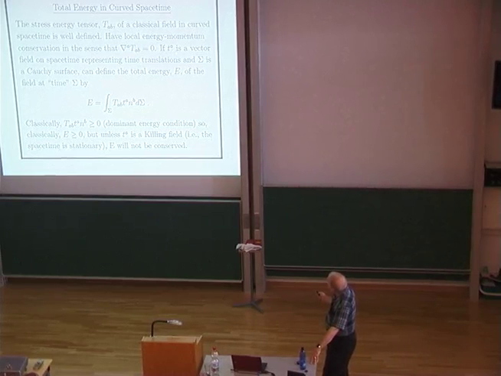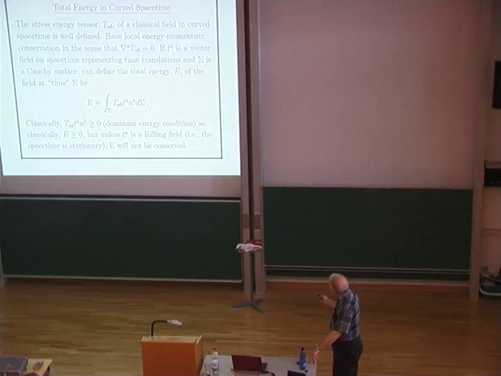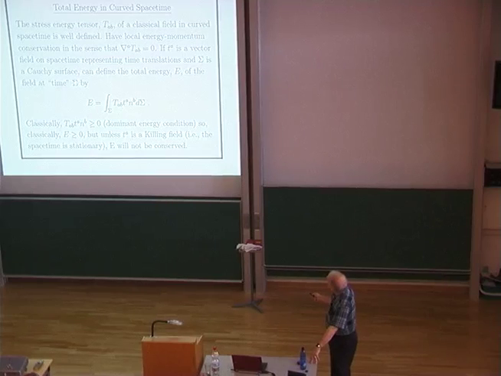Well, more generally, if you have any vector field that you're going to take as the generator of time translations, even if it's not a symmetry, it's natural to define total energy at some time sigma, corresponding to some Cauchy surface, by doing this integral over space.